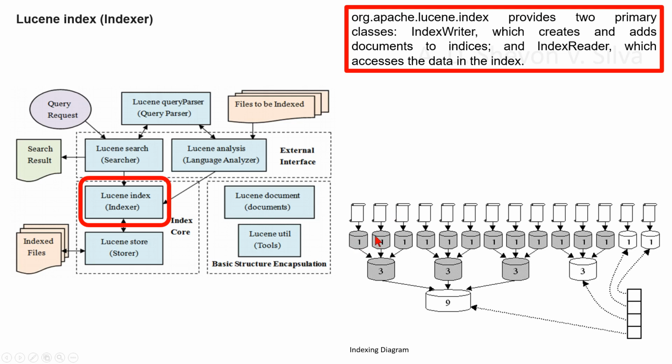Here b equals 3 and 11 documents are indexed. The stack has 4 indices. Gray indices have been deleted.